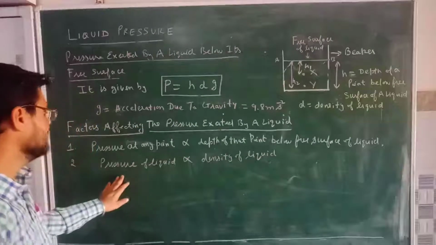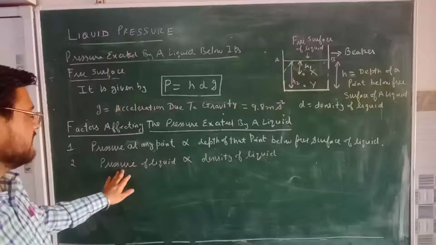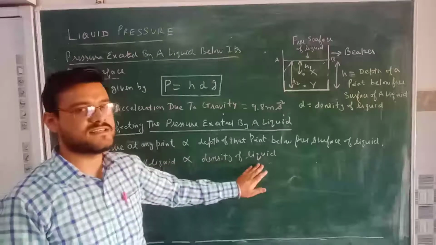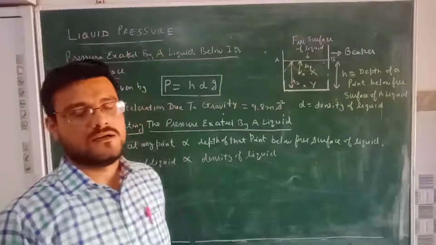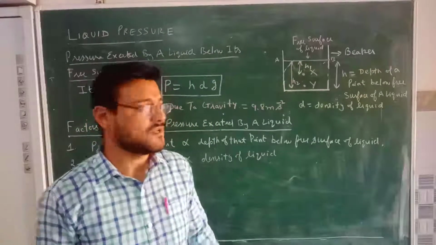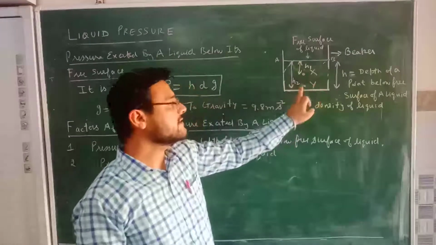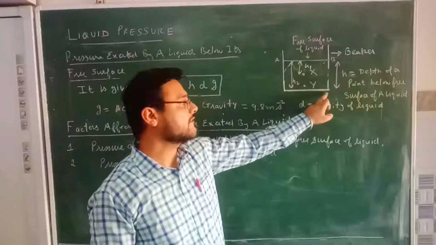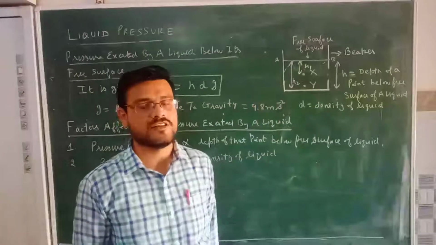Second point, factors affecting the liquid pressure. Pressure of the liquid is directly proportional to its density. Pressure exerted by the liquid is directly proportional to its density. We are talking only about the pressure exerted by the liquid at the base of the container or the beaker.